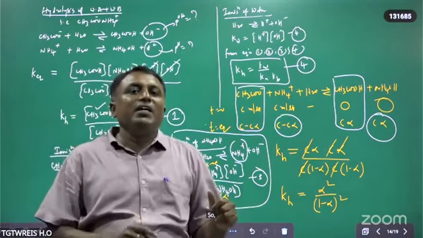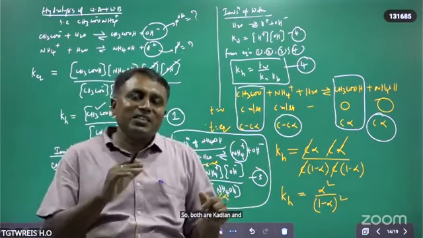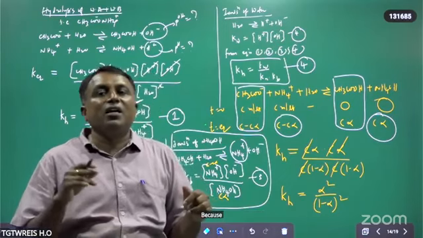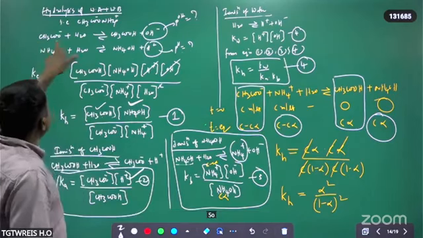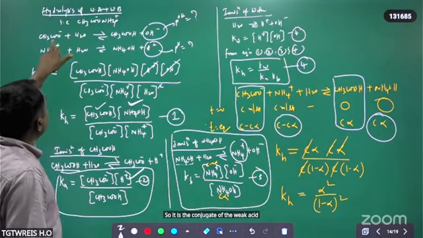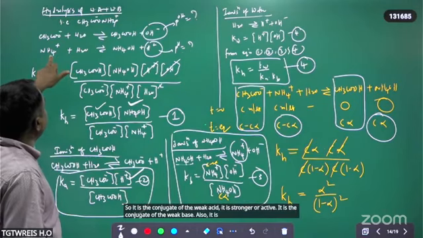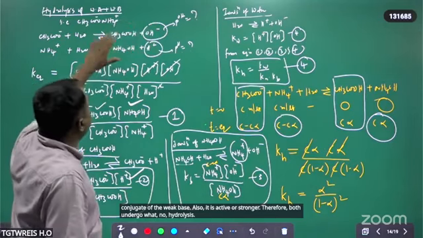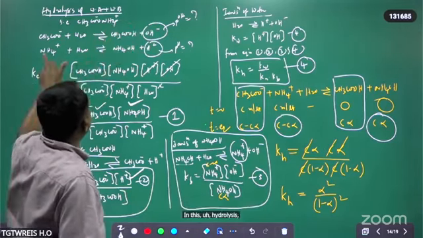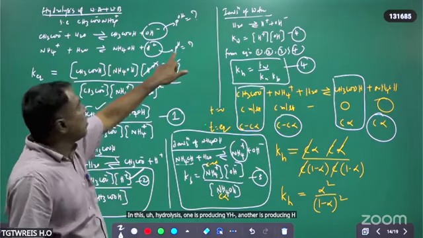Both the cation and anion are stronger because they are conjugates of the weak acid and weak base. Therefore, both undergo hydrolysis. In this hydrolysis, one is producing OH minus, another is producing H plus.